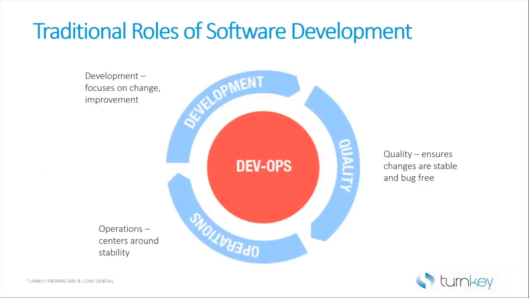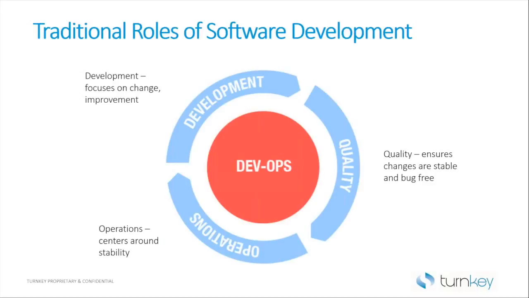If you look at the traditional roles of software development, you've got, of course, the development people. They're focused on new application development, change, improvement, the hardcore development. Quality is typically handed off that work, and their job is to ensure changes are stable, bug-free, that the application works as expected, and that it won't result in production outages, bad customer experience, et cetera.